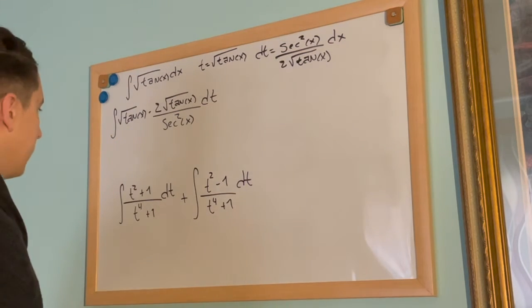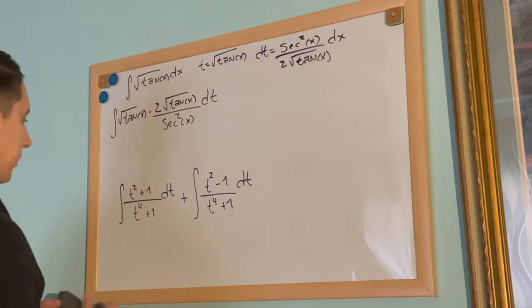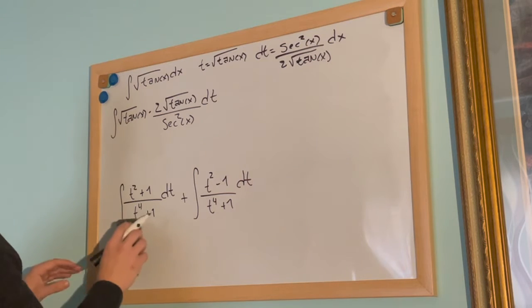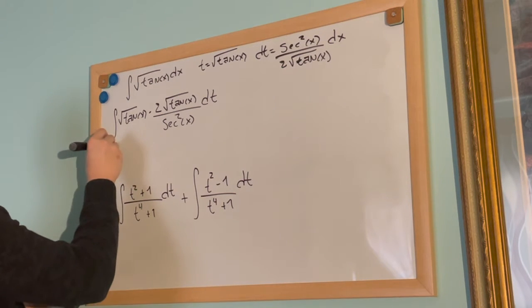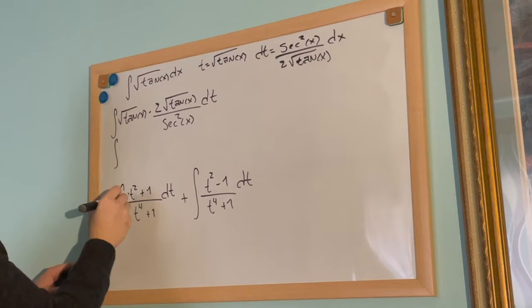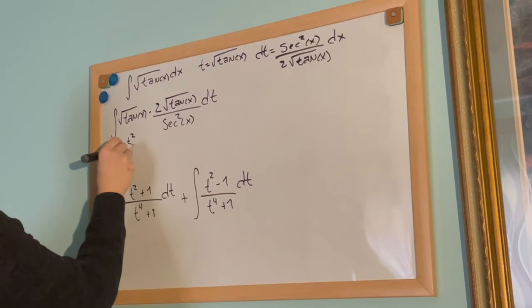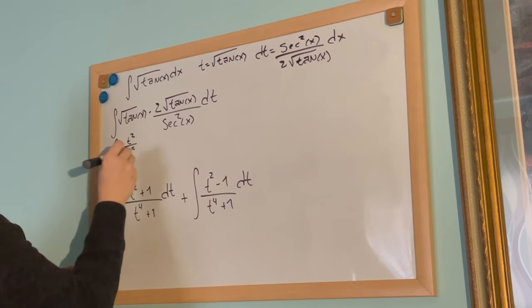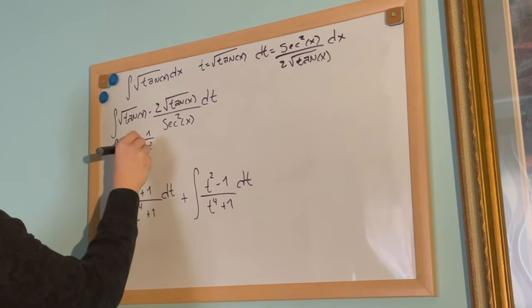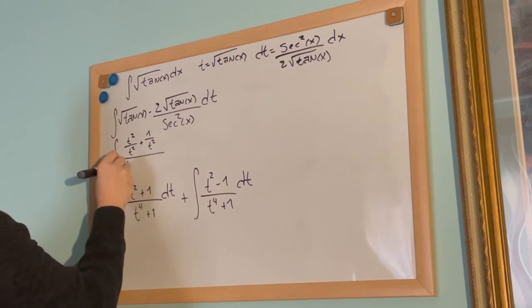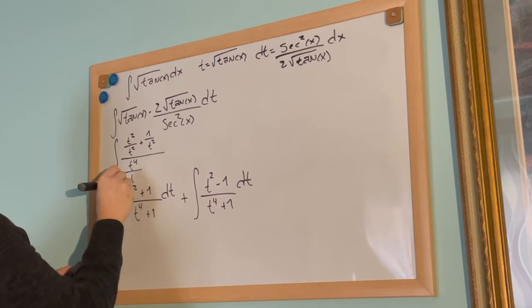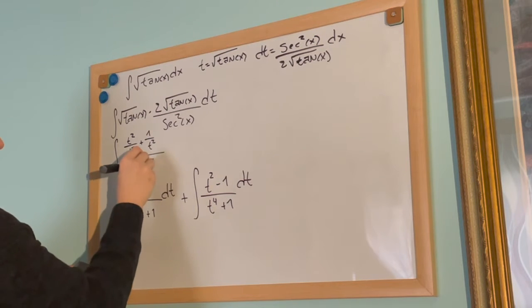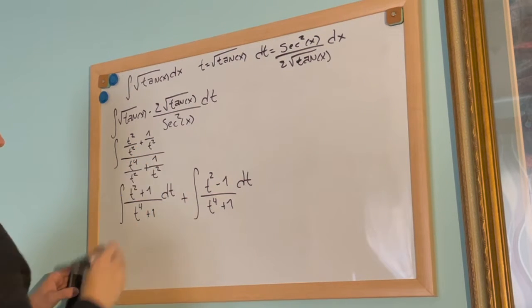So if I rewrite it right here, we basically do t squared over t squared plus 1 over t squared, all over t to the fourth over t squared plus 1 over t squared.